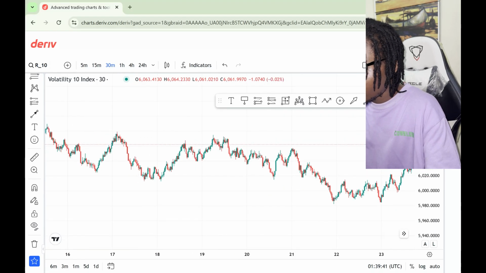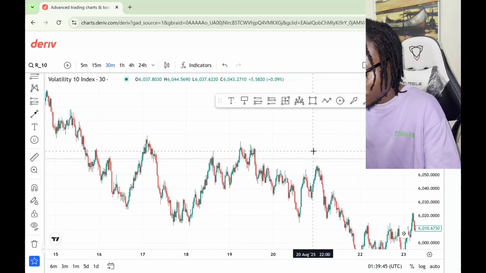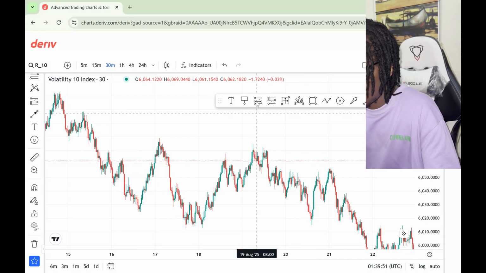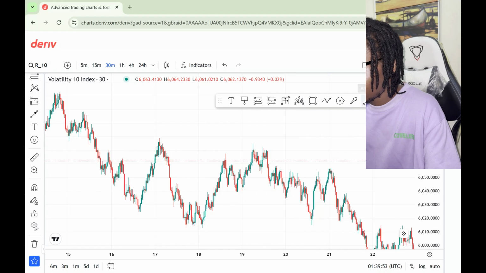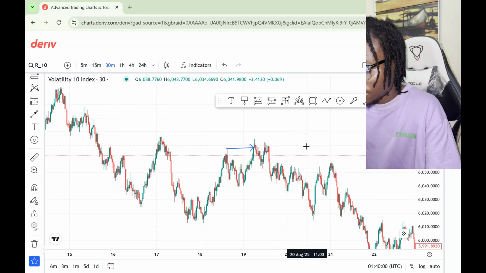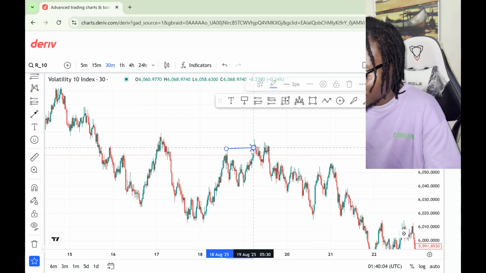All right, so perfectly, we have seen a beautiful one. You can call it liquidity, anything you want to call it, okay? So you can see we are going to the upside here. You can see, guys, we're going to the upside, and then price didn't actually break, okay? It didn't actually break with a body.